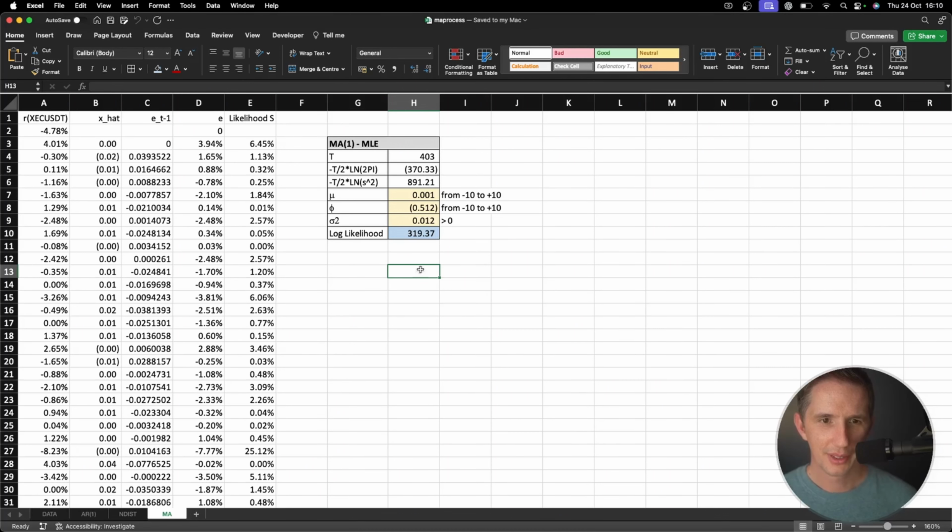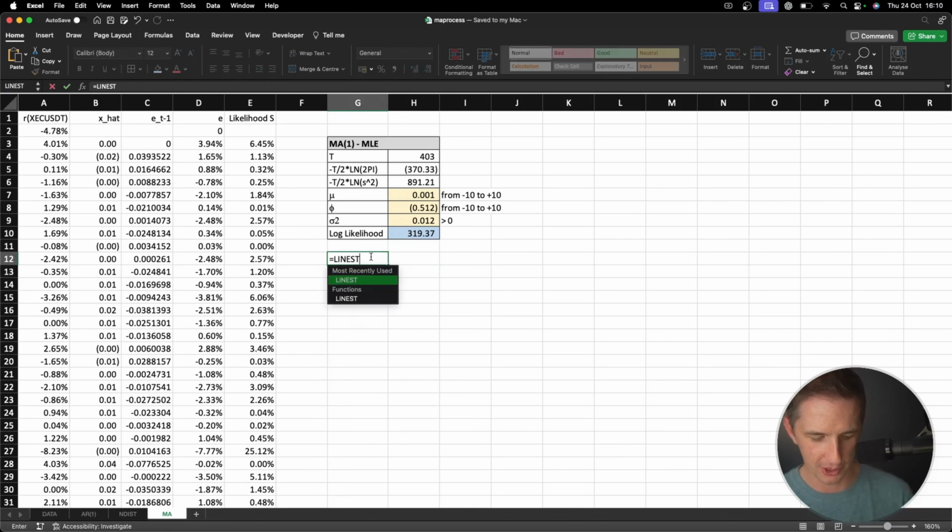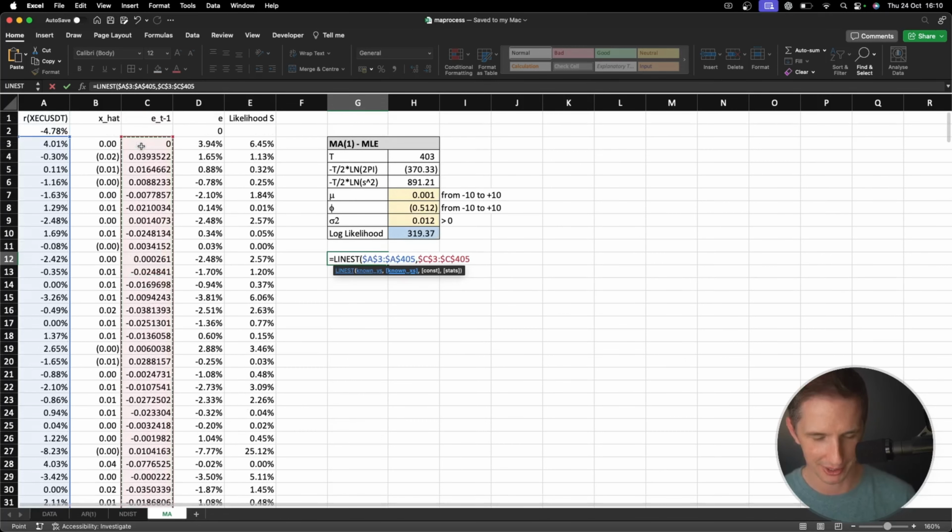Now let's see very quickly, just out of curiosity, how would this look if I used OLS to try to forecast the parameters here? So here I've got my dependent variable, which we've done before. So that's that column. And then the column here of the independent variable, right? So that's going to be E sub t minus 1. Let's just have a look. Very curious.